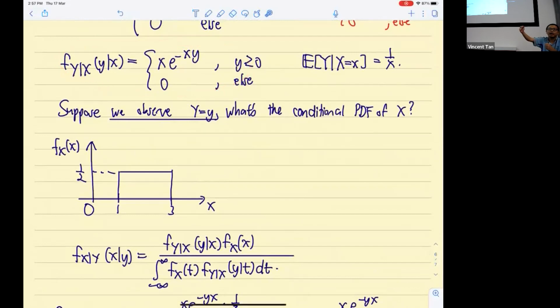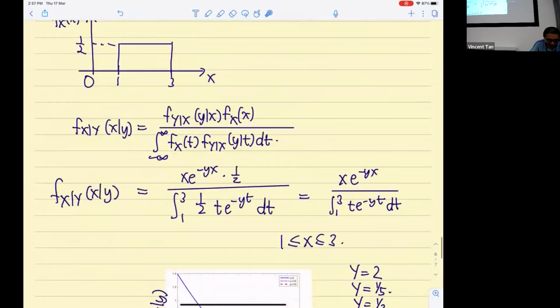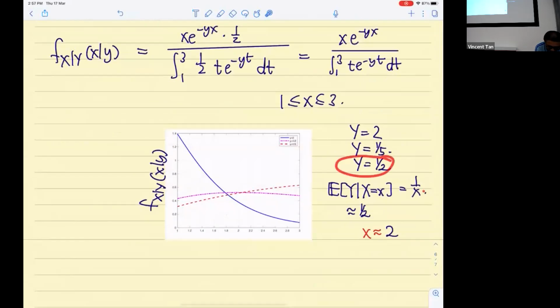Now, if we observe y, that alters or changes our belief about x. How does it change? If y is such that we believe that x is in the middle, then it changes from x being flat to x being like a hump here, because it reinforces the belief that x is in the middle.